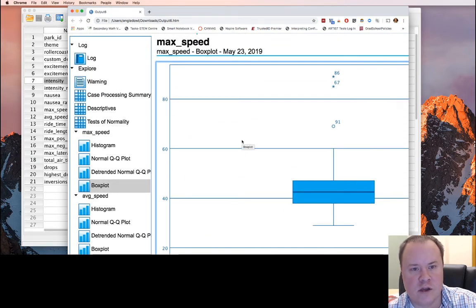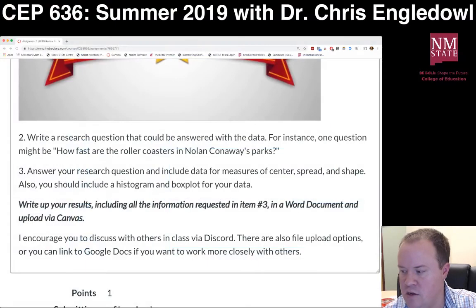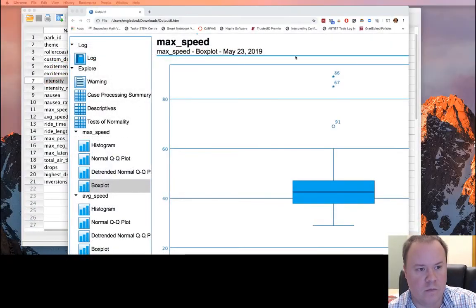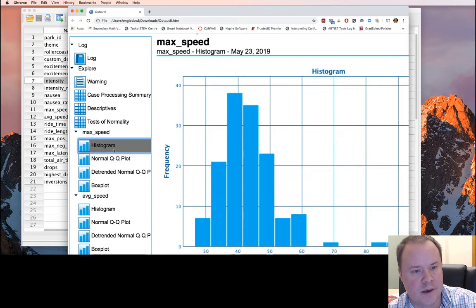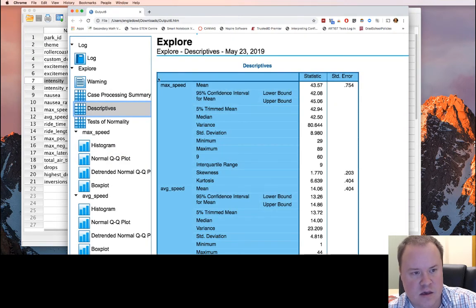So if I was going to answer my research question, which was, how fast are the roller coasters in Nolan Conaway's parks? What I would say is, first of all, I want to describe center, spread, and shape. And shape was really helpful to describe when looking at a histogram. But first I would look back at the descriptives and I would say, as far as the max speed goes, the center is around 42 or 43 miles per hour.